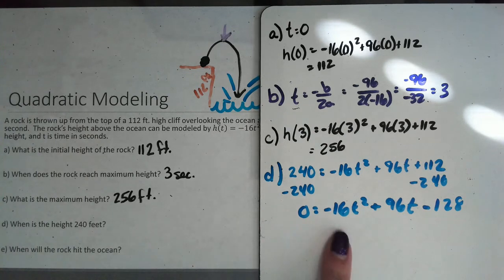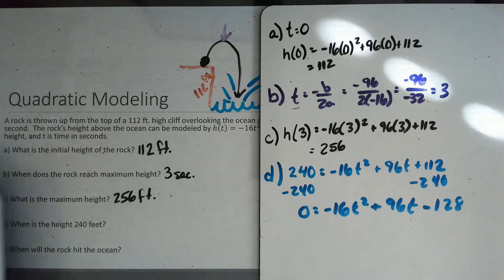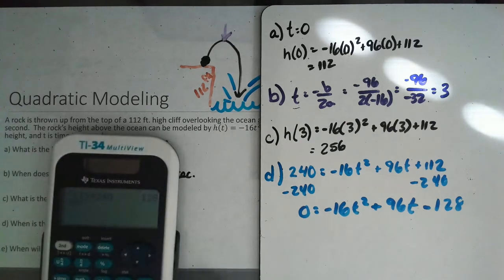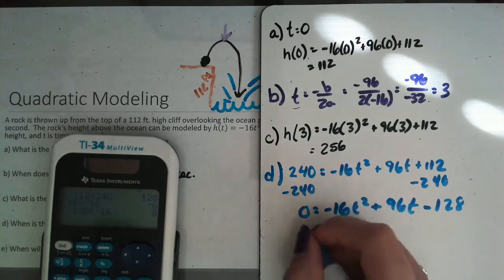Since my a value is a negative 16, I'm going to see if everything's divisible by 16 and just really hope. So if I do 96 divided by negative 16, well, that's a negative 6, that's not bad. And then negative 128 divided by a negative 16 is a positive 8. So I can factor out a negative 16 from all this.